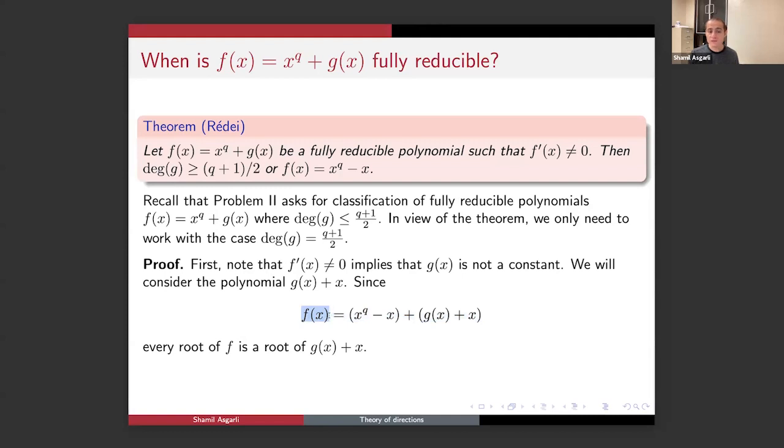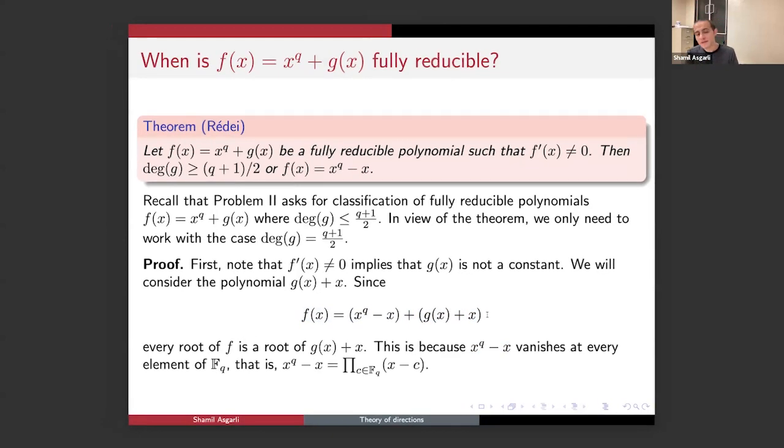Because if you take any root of f of x, since f of x is fully reducible, all of its roots are in F_q. So if you take any root of f of x, it's also a root of x to the q minus x, and therefore it must be a root of g of x plus x.